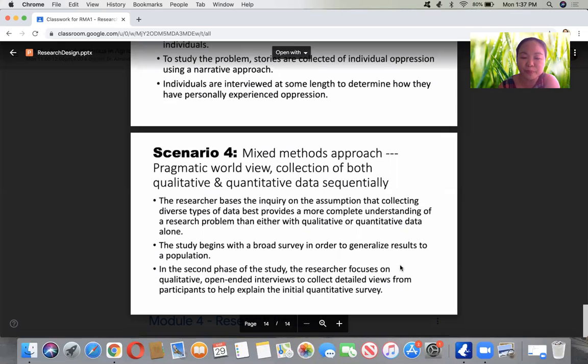Like for example, you're going to count the number of infected or affected population, and then after that you're going to make a survey of this affected population.